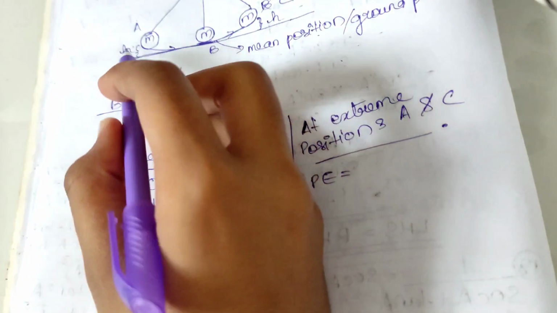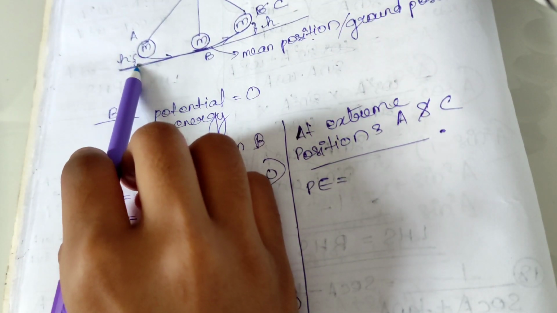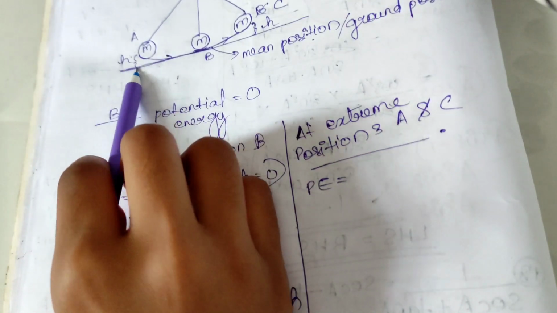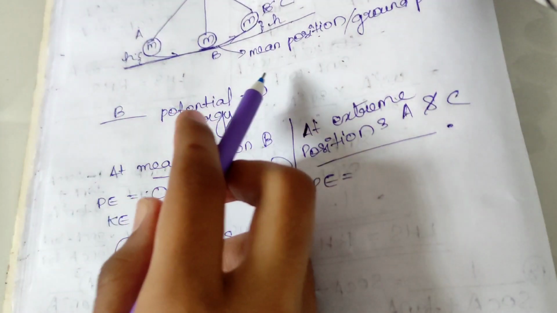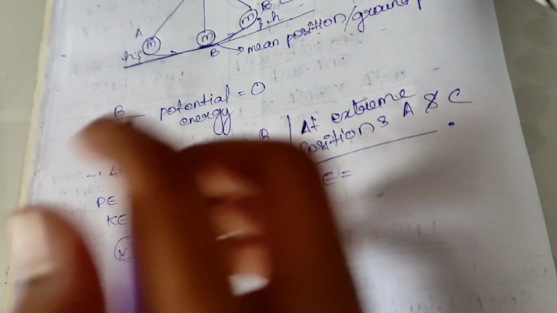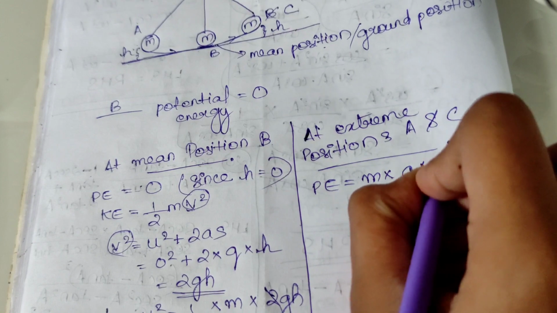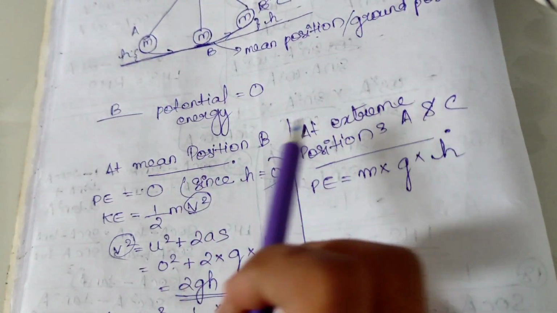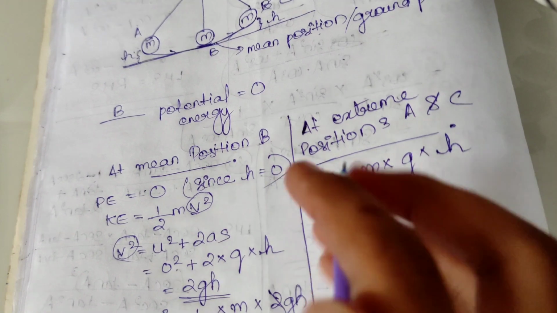Potential energy is mgh. Why is potential energy mgh? Because there is a vertical height. There is a vertical distance above the ground or from the mean position, which is h. So mass into gravity into height. Since h is the vertical height above the mean position, that's why potential energy is mgh.